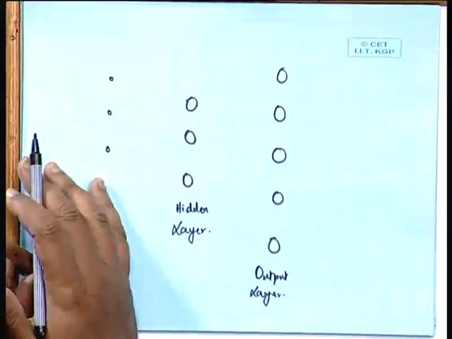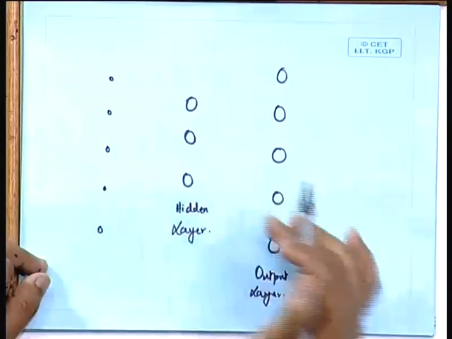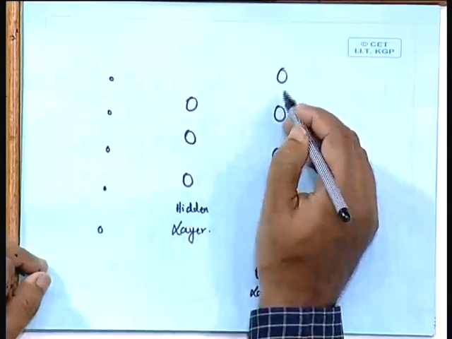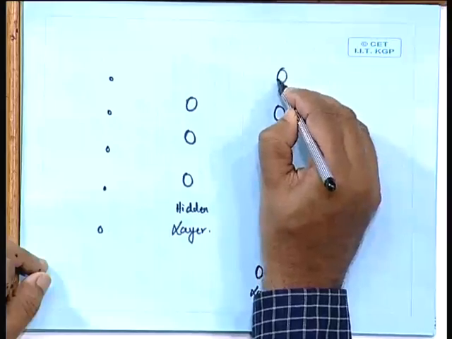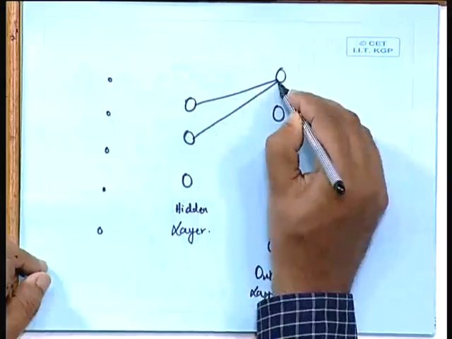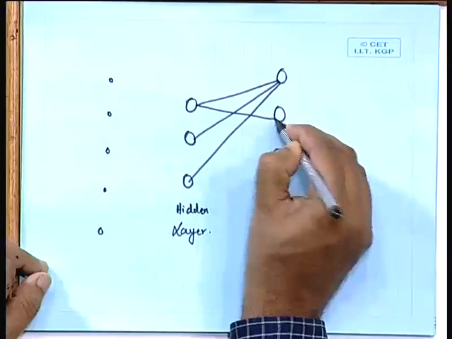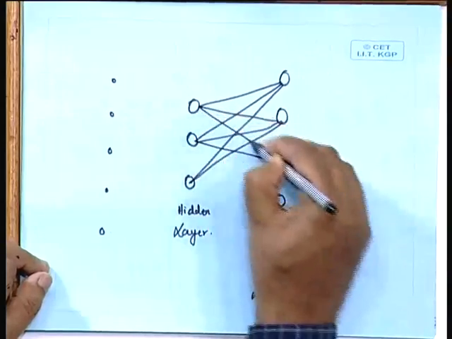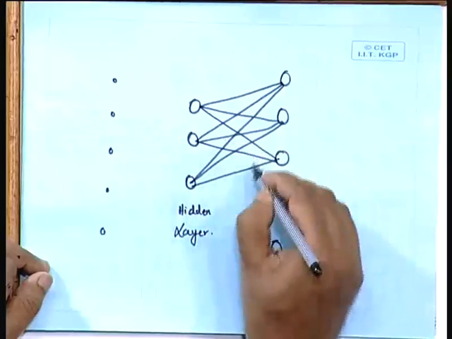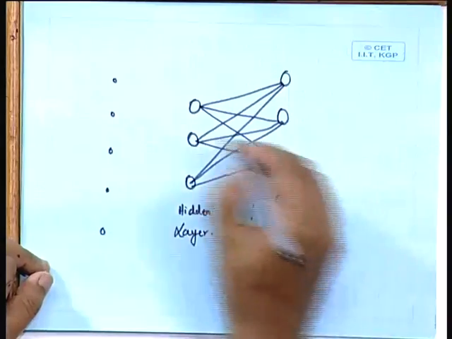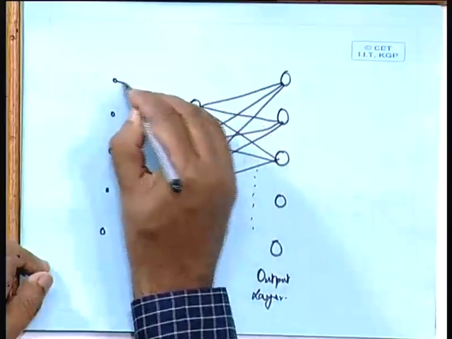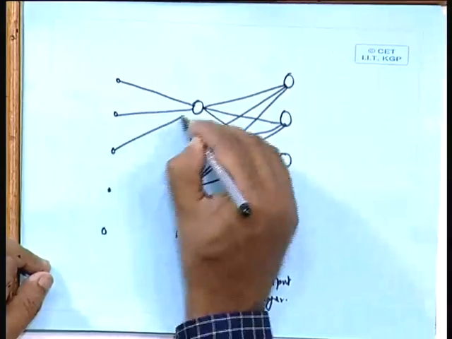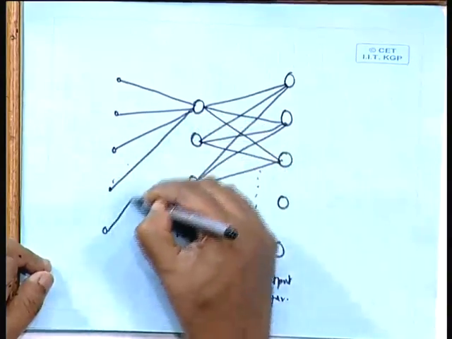In fact, all the layers starting from the output up to the layer immediately before the input are fully interconnected to the layer preceding them. That means if we are talking of this, then it is fully interconnected to all the hidden layer neurons. Like this it is going to happen for all of these output layer neurons. I am not completing this diagram. Again, here this should be connected to all the neurons in the previous layer.